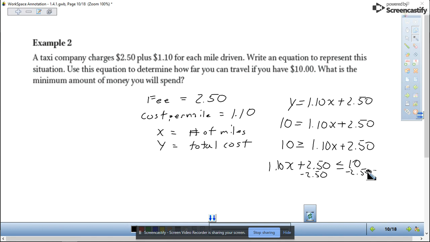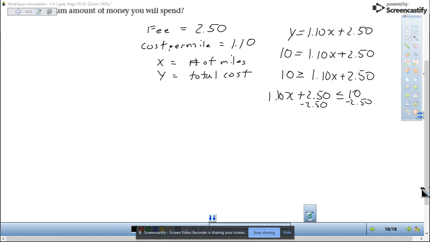I'm going to scroll down so I have a little more room to work. So you're going to get 1.10x is less than or equal to 7.50. From there, you're going to want to divide in order to solve for x.